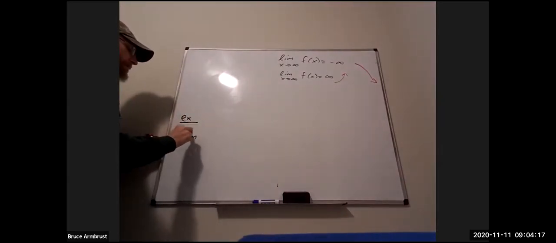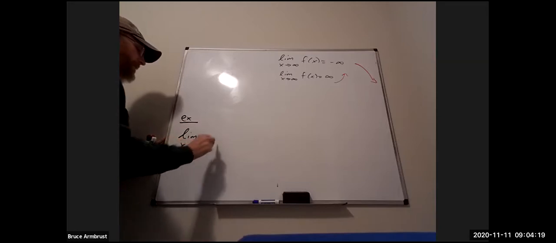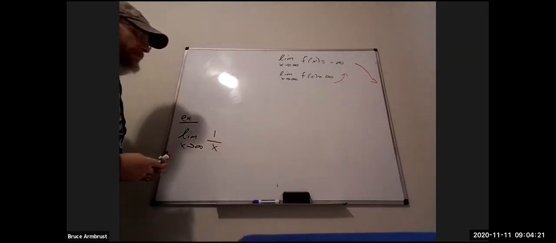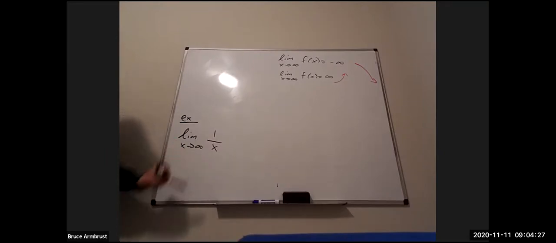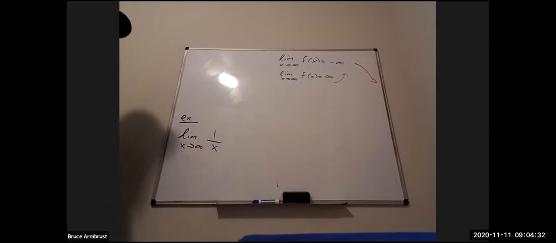Let's look at the limit as x goes to infinity of 1 over x. So, nice simple function. It's a butterfly function. We already know a lot about it. And so the question is, what is the limit as x goes to infinity?